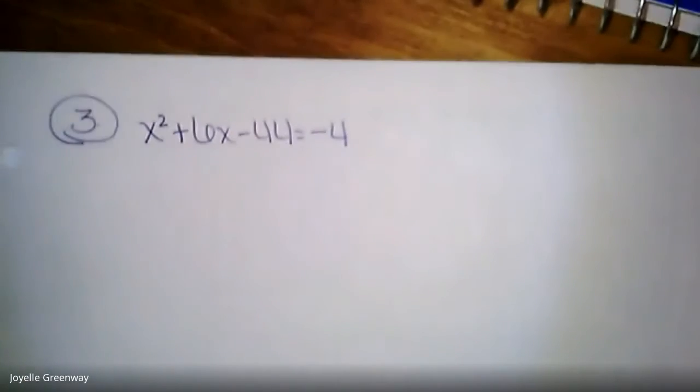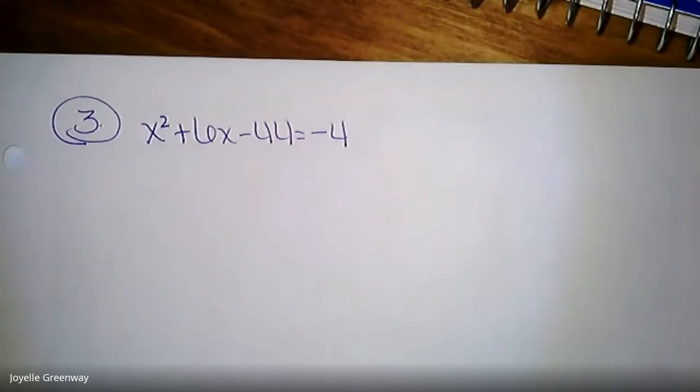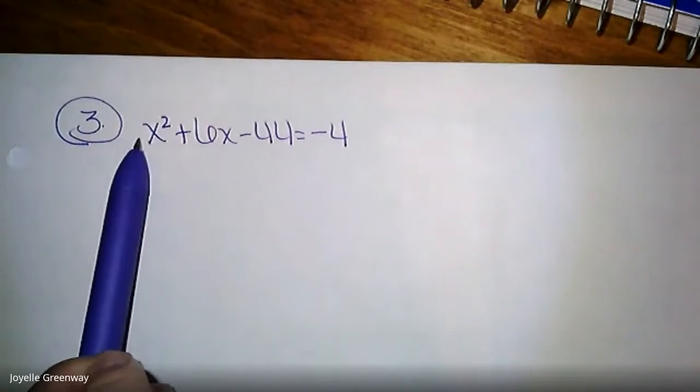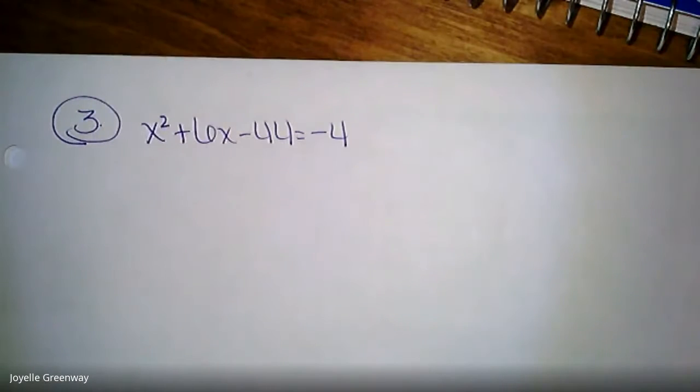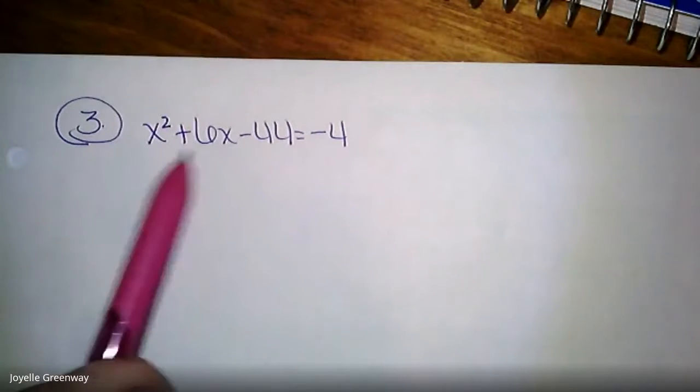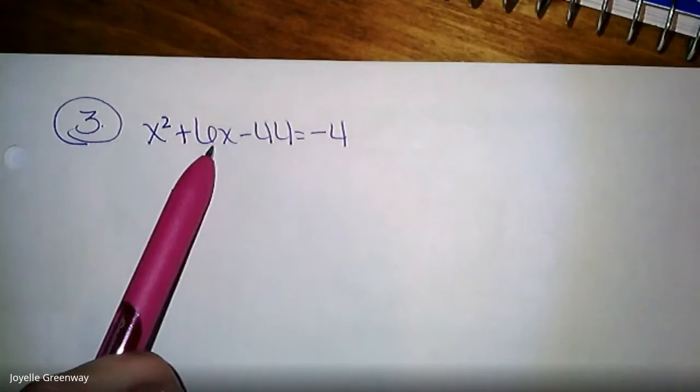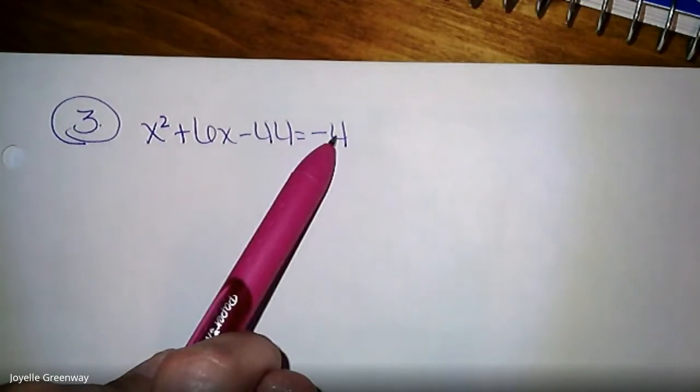Okay, so let's get started with example 3. So number 3, we have x squared plus 6x minus 44 equals -4. And so the first thing I want to do is to make sure that my leading coefficient is a 1, which it is. So that's good. So my next step is to make sure that my variables are on one side, and I need to get my constant to the other side.